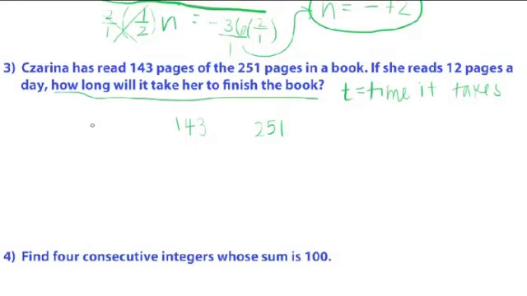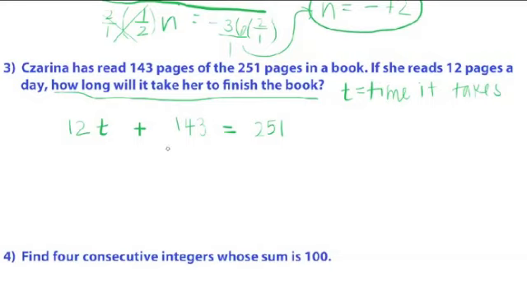So if the time it takes is t, it will be however long she's been taking times the 12 pages. And we know she's already read 143, so we're going to add that to there, equals the total, 251. So the time she's taken over the last 12 days plus the 143 she's already covered for sure equals the total amount in the book.